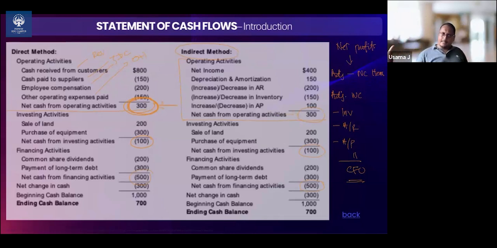The direct method is like the cash basis income statement: revenues received in cash, expenses paid in cash, etc. The cash flow statement on the indirect basis, how does it work? You start with net income, make adjustments for non-cash items and working capital adjustments to arrive at your cash flows from operations. Bottom lines are the same. Presentation is the only difference.